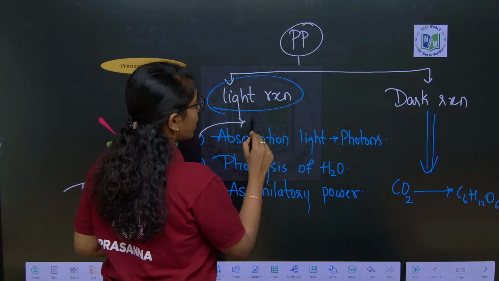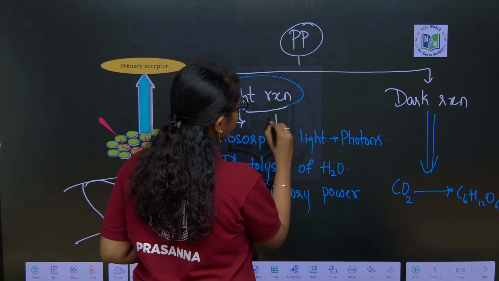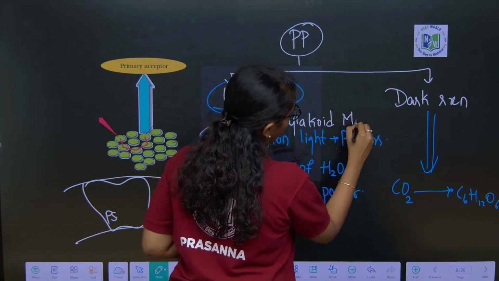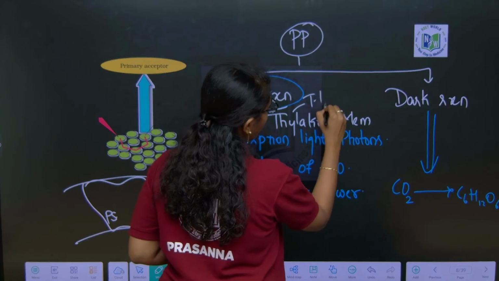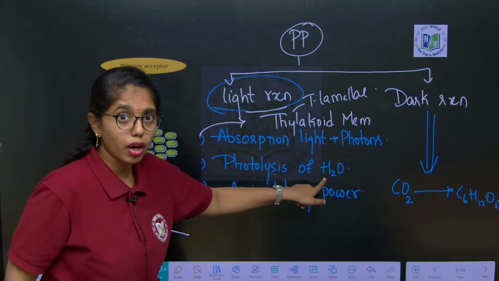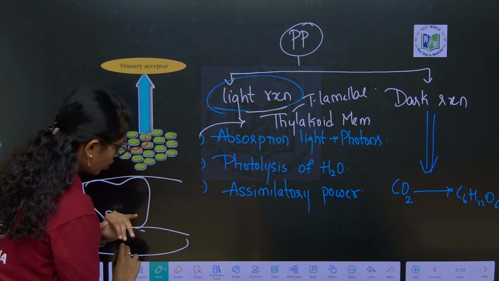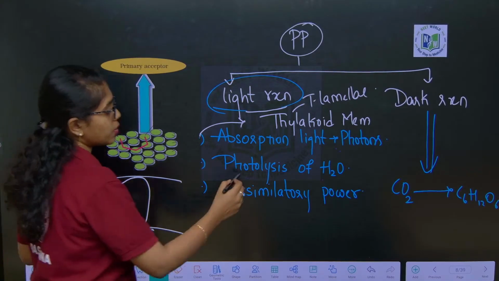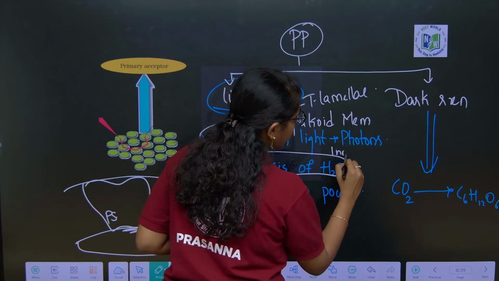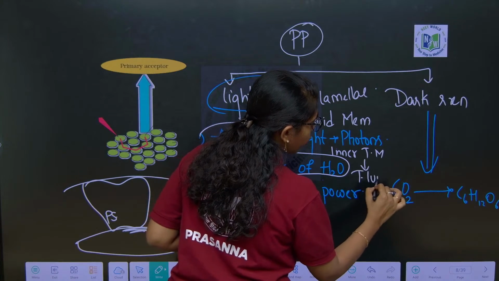So, this step is happening in the thylakoid membrane, or you will also call it thylakoid lamellae. Second is photolysis of water. This takes place towards the inner side of the thylakoid membrane, towards the thylakoid lumen.